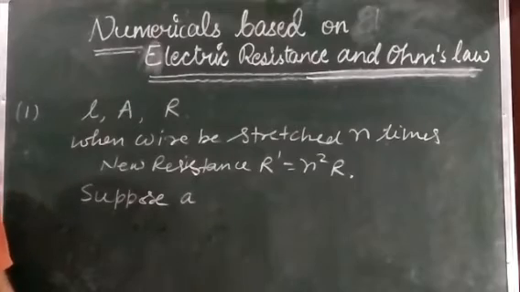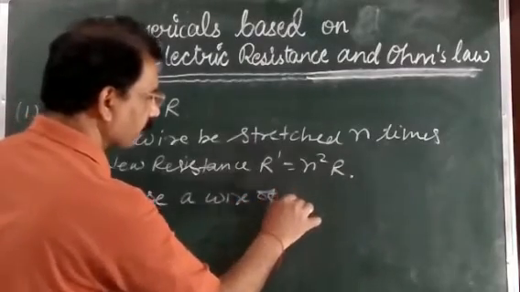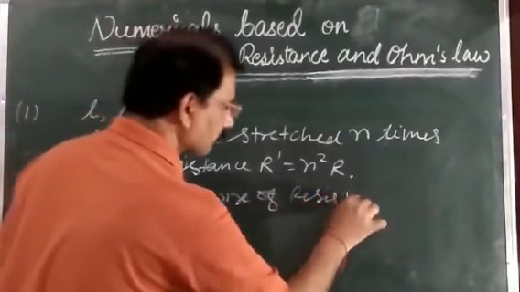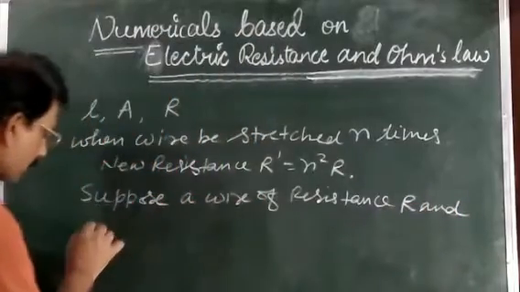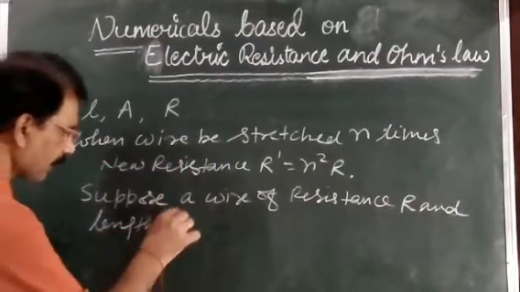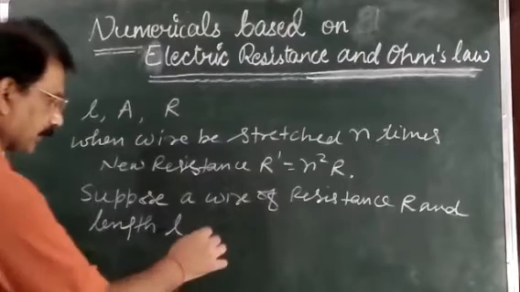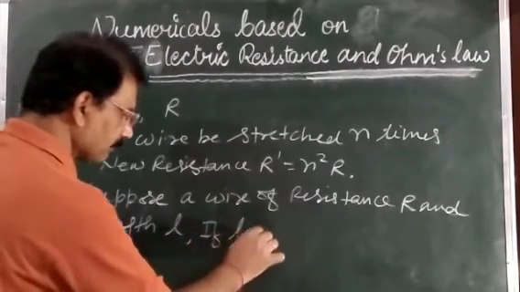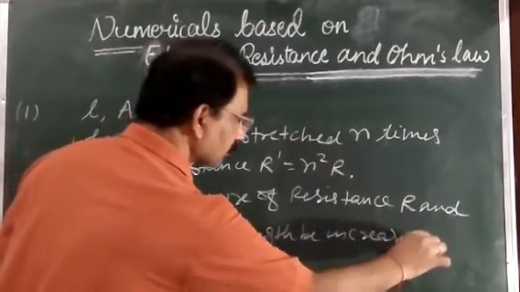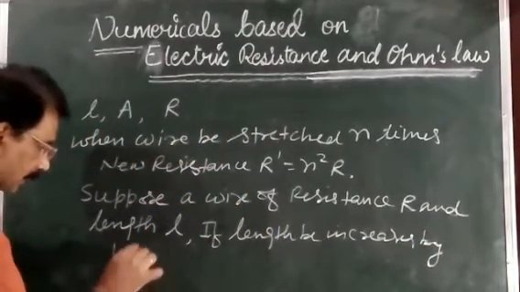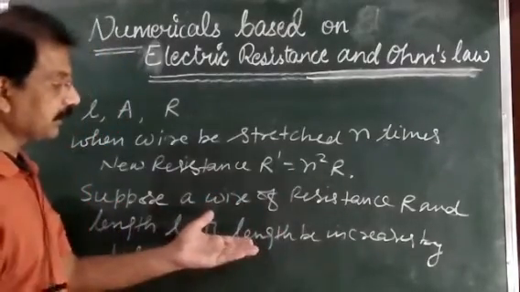Suppose a wire of resistance R and length L. If its length increases by 10%, then how many percent will its resistance change?